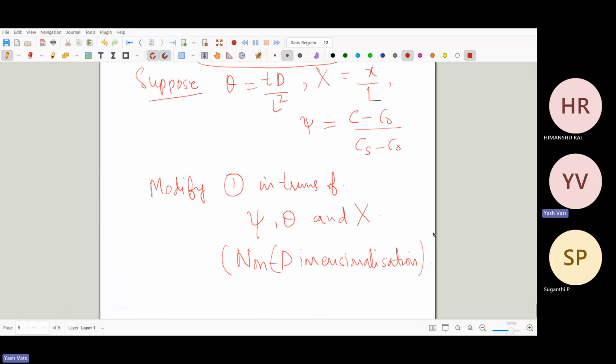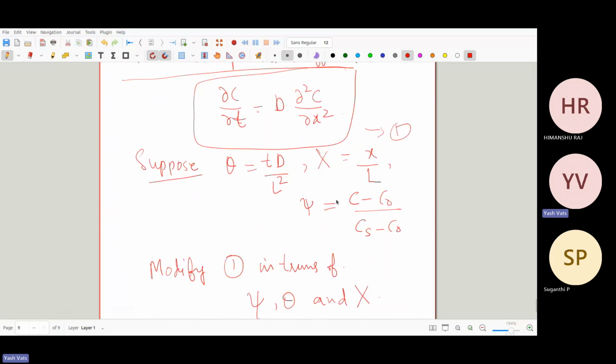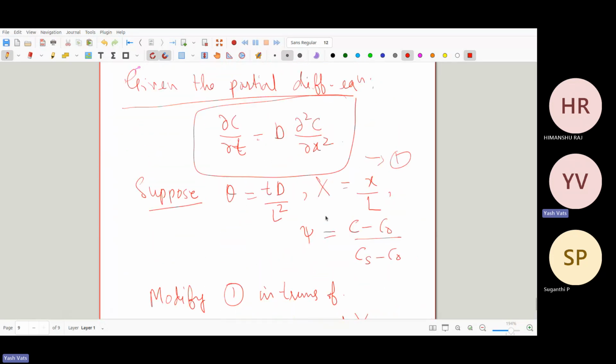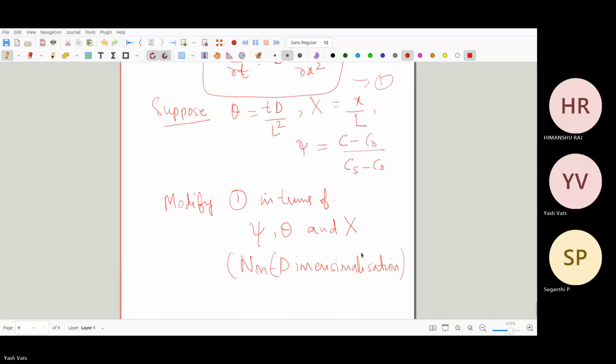So just transform this into this type, then it is non-dimensionalization, and just give a couple of minutes. You have to use theta this, capital X this, and psi as this. Okay, just find it and let me know the answer, because it's been discussed in your lectures as well, how to non-dimensionalize.